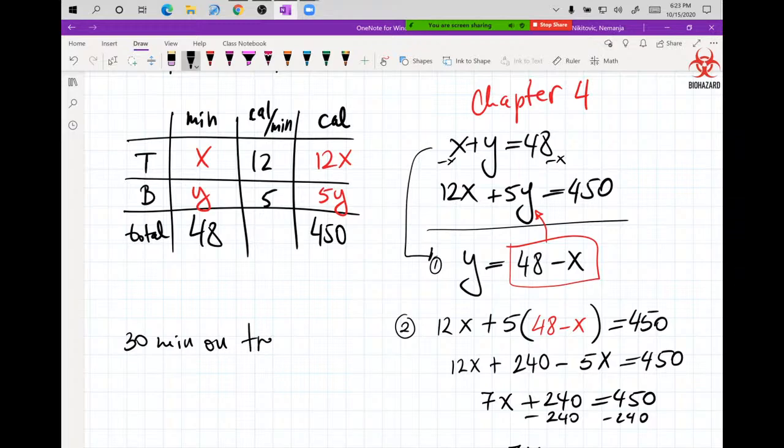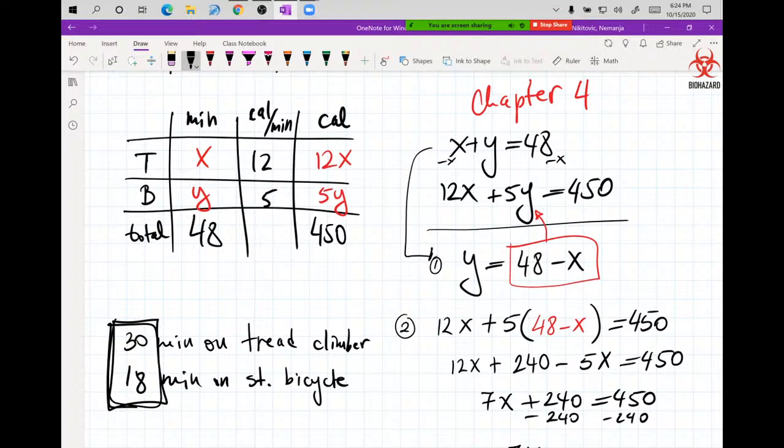Tread climber, okay. Tread climber, and then 18 minutes on stationary. Is it stationary bicycle? Yes, stationary bicycle. Okay. Together, 48 minutes, right? 30 minutes on one and 18 minutes on the other.